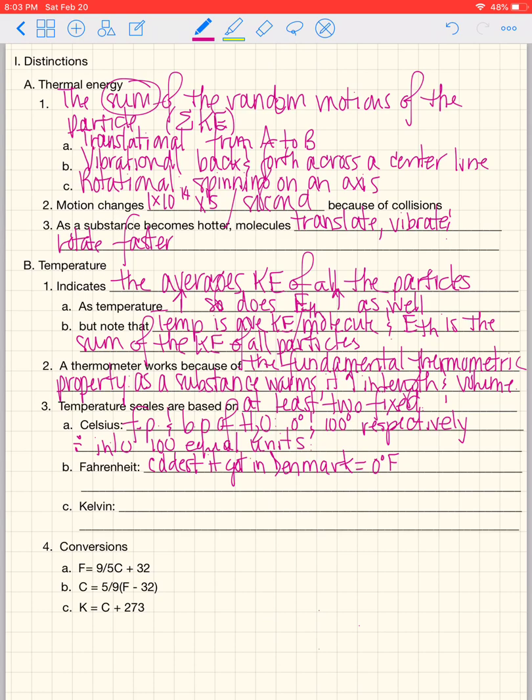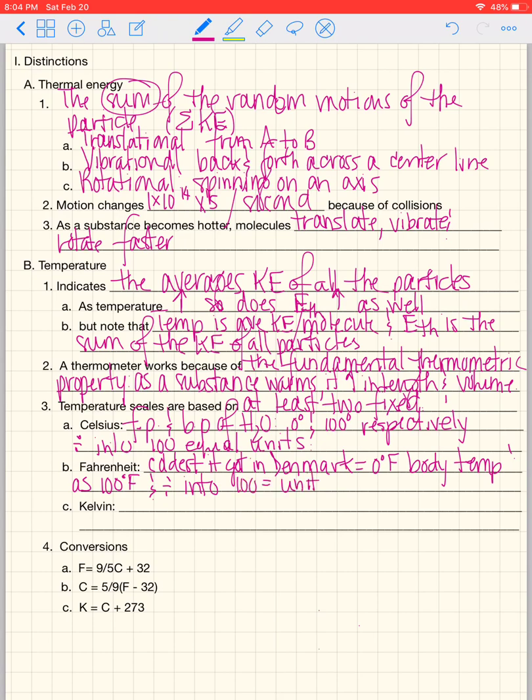And so he used body temperature. So for us, it's 98.6, but he said body temperature was 100. So there's a little discrepancy there, but not a lot. Body temperature as 100 degrees Fahrenheit, and he marked that. He divided that into 100 equal units.